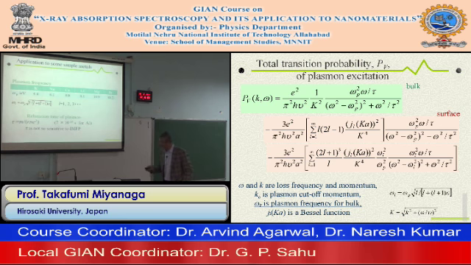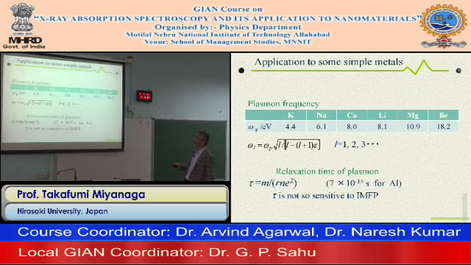Now we calculated, for example, potassium to sodium. These simple metals have no 3d electrons, so it is possible to model them as a simple electron gas.